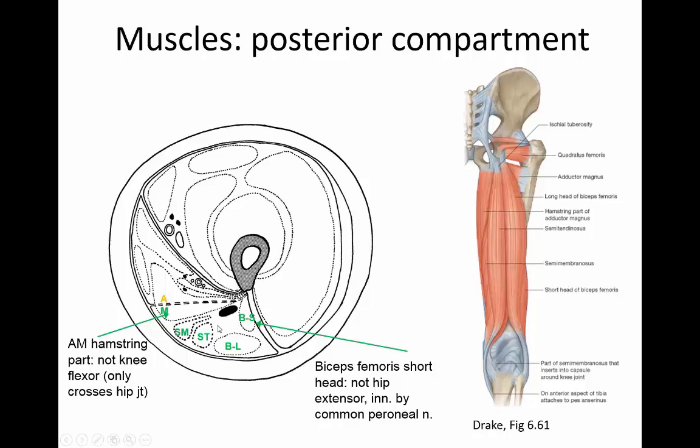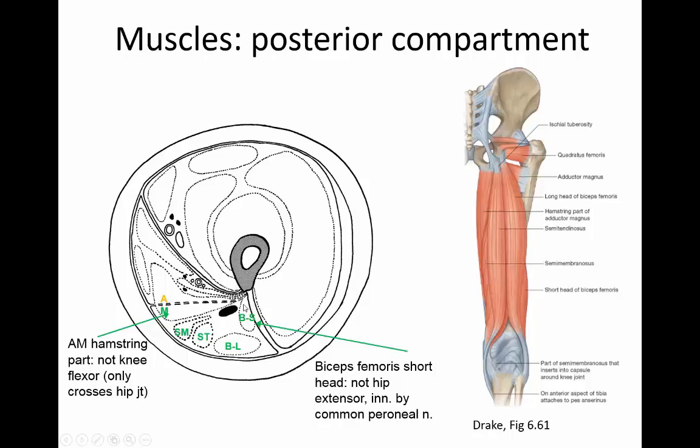And if you flex your knee and feel posterior, you can feel that we have two tendons in the posterior compartment running medially across that knee joint. Most medially we have semimembranosus, and a little bit more laterally towards the center of the knee we have the semitendinosus. Most laterally we have the biceps femoris.